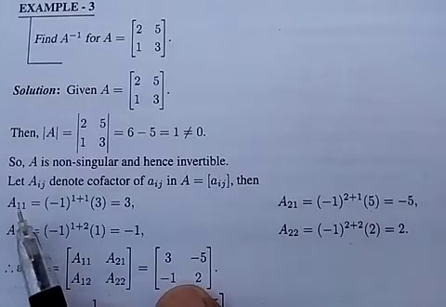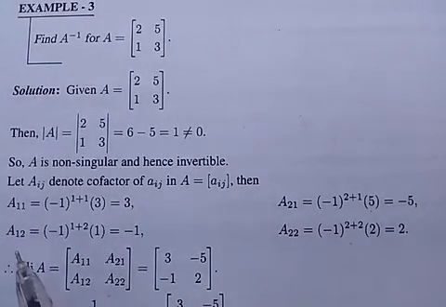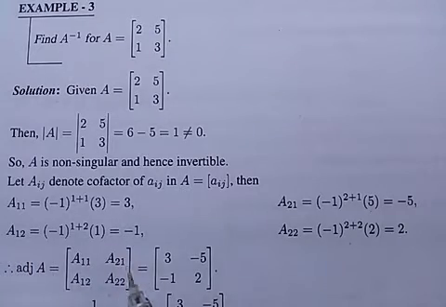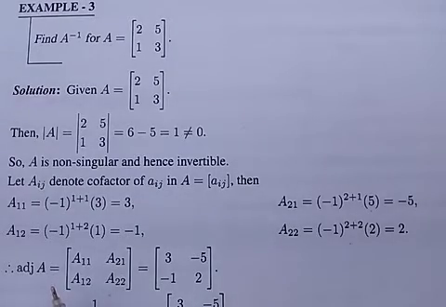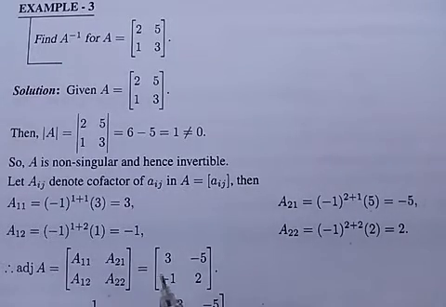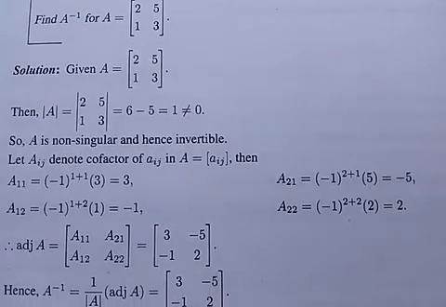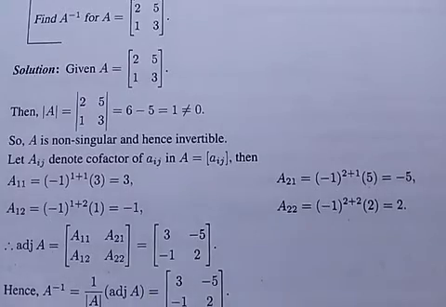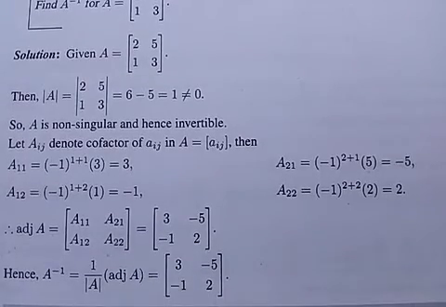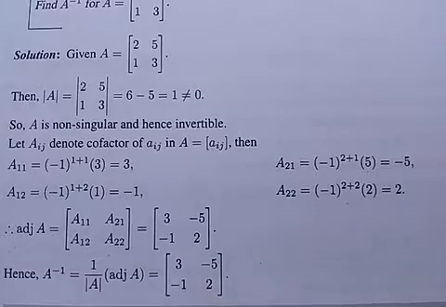Cofactor of element a11 equal to 3, a21 equal to minus 5, a12 equal to minus 1, a22 equal to 2. We can find adjoint of a given matrix whose elements are 3, minus 5, minus 1 and 2. Then A inverse equal to adjoint of A upon determinant of A. Determinant of A equal to 1, so we can write here only adjoint of matrix A.